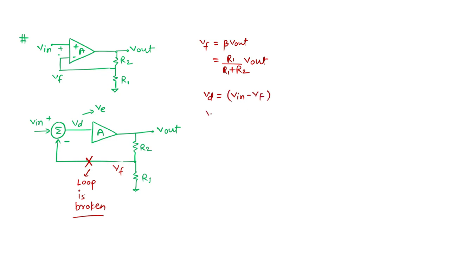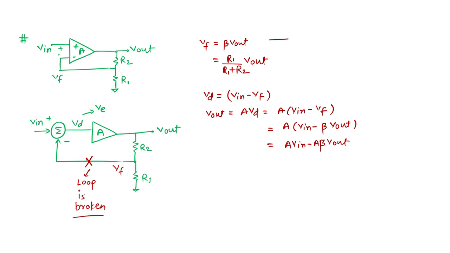And what is happening to the output? The output is coming as A times the difference voltage, which is nothing but A times V in minus VF. And what is VF? VF is nothing but beta times V out from here. So A times V in minus beta times V out. We can write it as A V in minus A beta V out equal to V out.